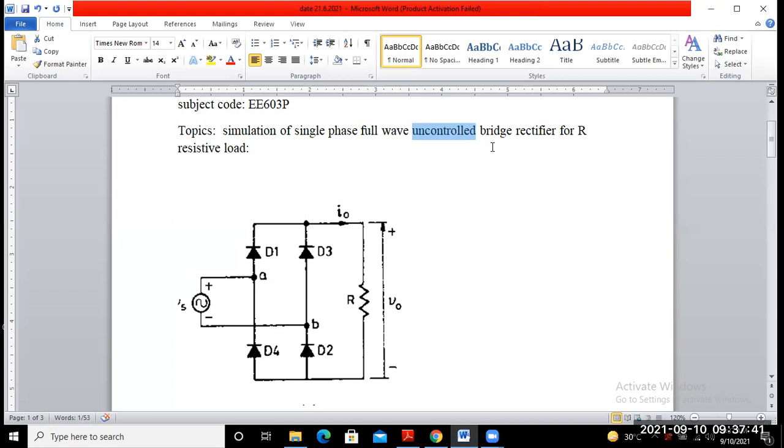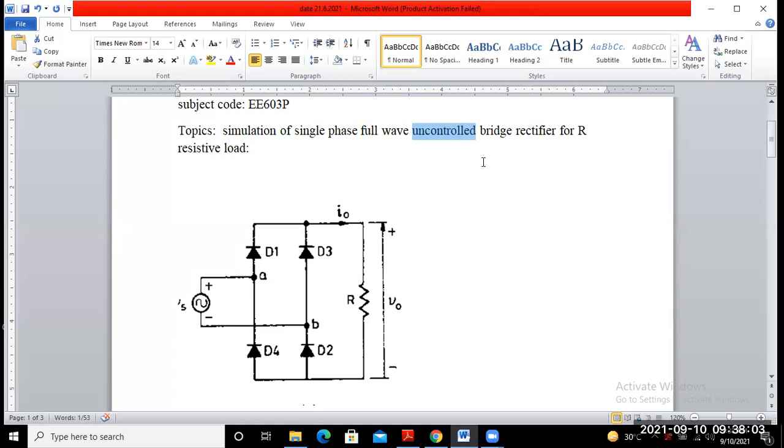We already saw in the previous class the single phase half wave uncontrolled rectifier, where only one diode is required. But in single phase full wave bridge type, we require four diodes.